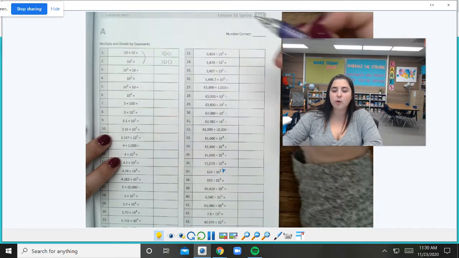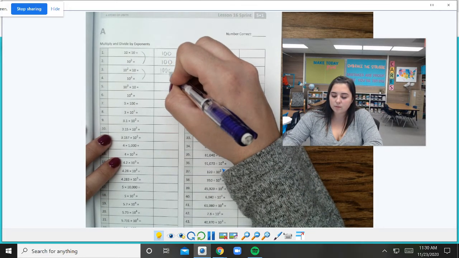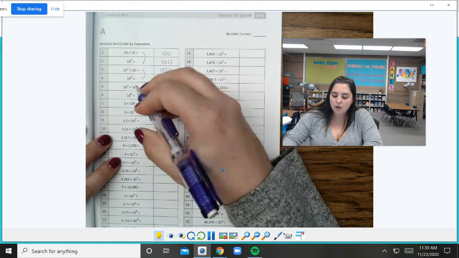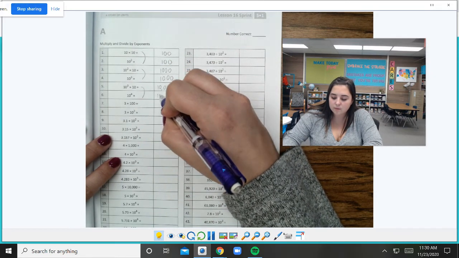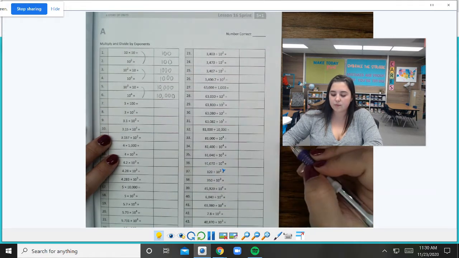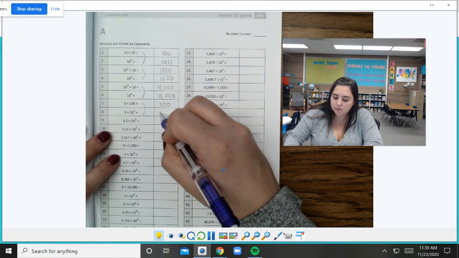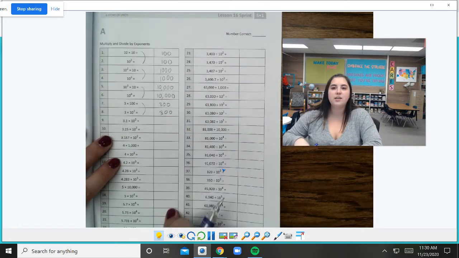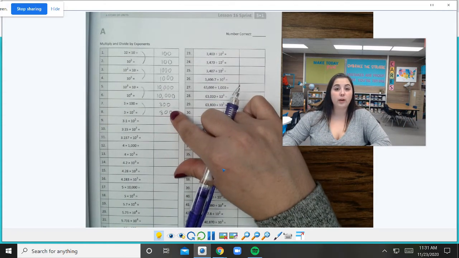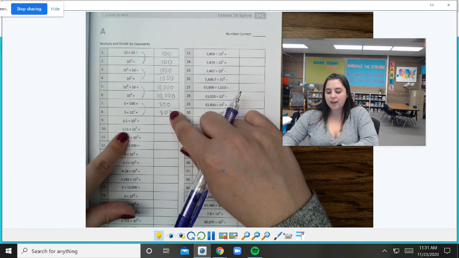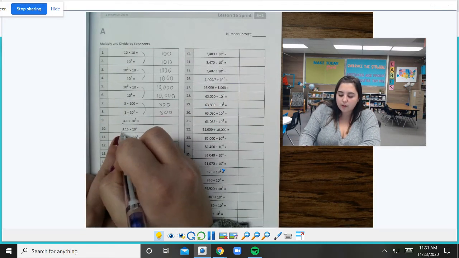So 1 and 2 were 100, 3 and 4 were 1,000, 5 and 6 were 10,000, 7 and 8 were 300, and then they started going off. But there was still kind of a pattern. 7 and 8 were 300, and then the next few still started with a 3.